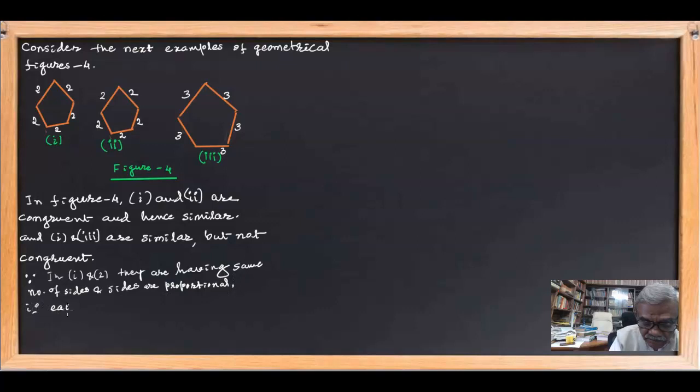Each side is two by two equal to 1, having the same number of sides and the length of each side is the same, and therefore the proportionality is going to be 1.